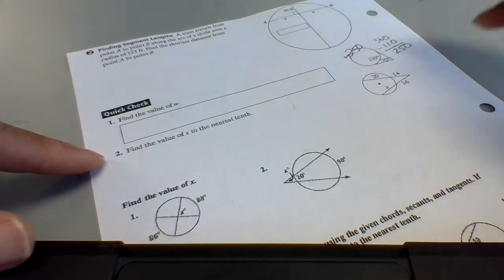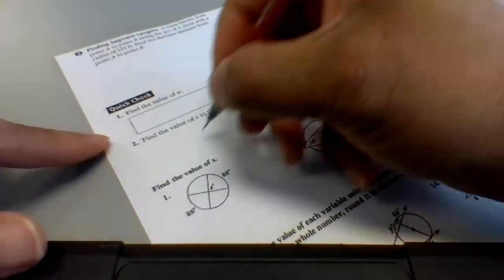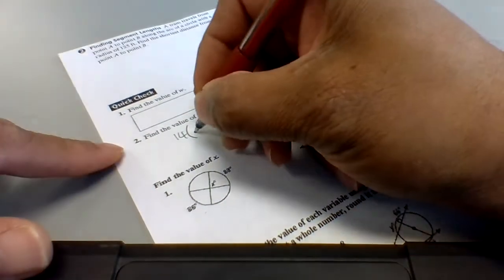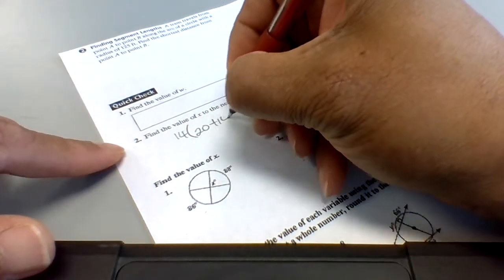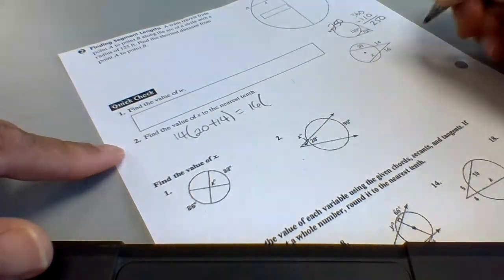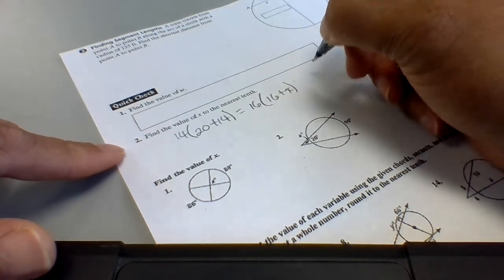All right, the next problem. You're going to take the outside, so 14 times the total amount, 20 plus 14, which is 34. Equals the outside, which is 16, times the total amount, which is 16 plus x.